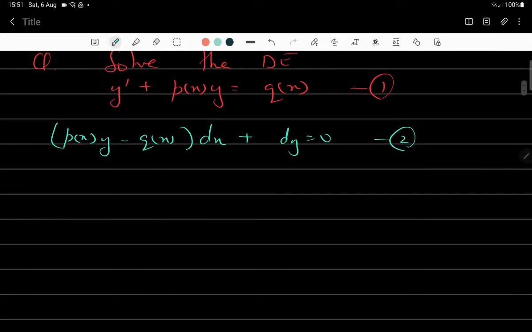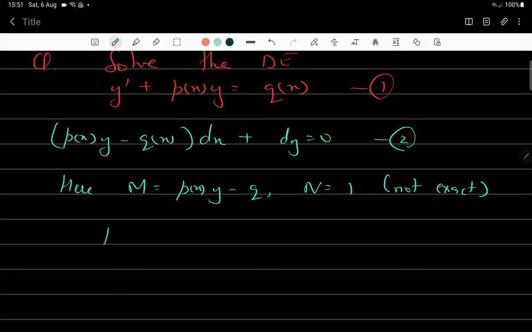Now let's try to see is it exact or not. So here M is equal to p of x y minus q and N is equal to 1. So clearly not exact, because del M by del y is not equal to del N by del x.